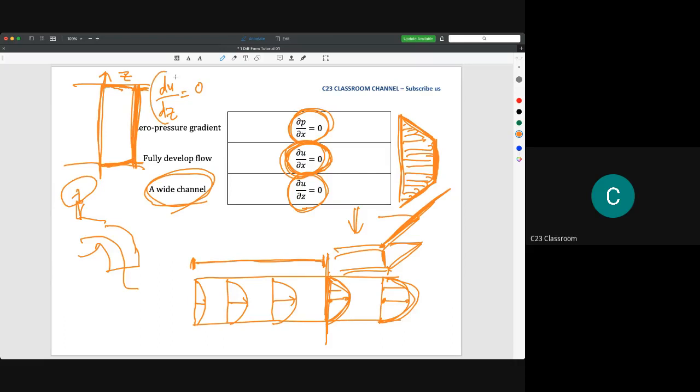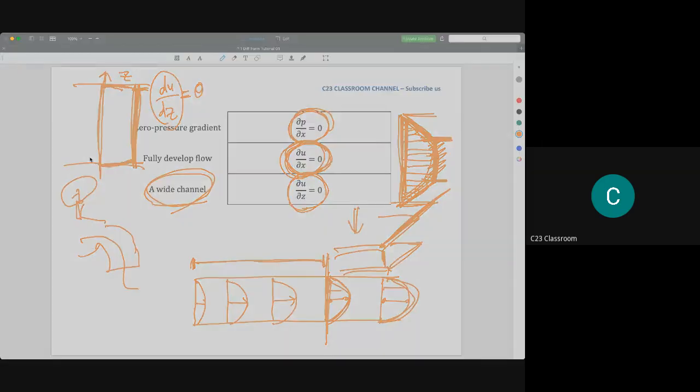Oleh itu du dz sama dengan kosong, maknanya tidak ada perubahan di dalam paksi Z. Berbanding dengan keadaan lebar yang kecil, velocity profile dia nampak jelas. Ada bahagian yang velocity berkurangan, ada bahagian yang velocity agak steady. So dalam keadaan ini kita tidak boleh simply kata du dz sama dengan kosong. Okay, itu yang dimaksudkan dengan a wide channel.